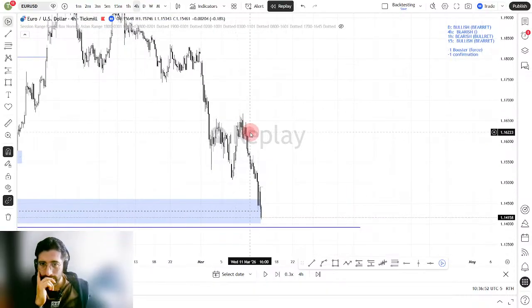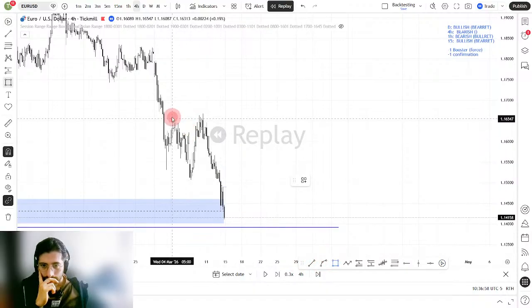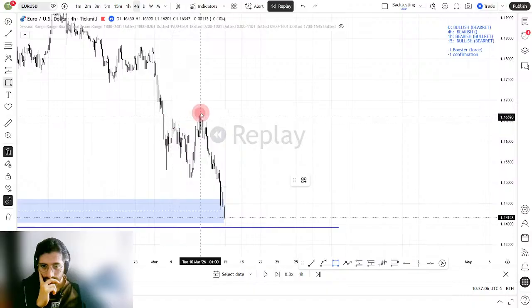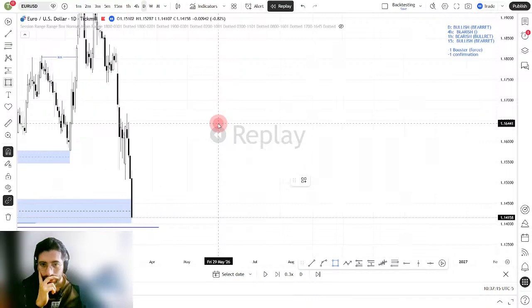This also looks like a range beginning in 4 hours. I'm going to mark it here, but I think potentially this will be diminished. Let me check one thing on the daily time frame. Nothing really clear.